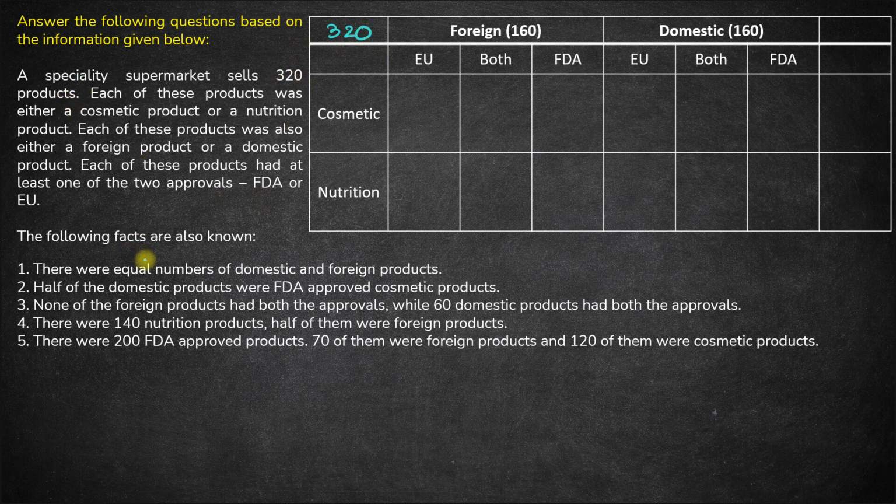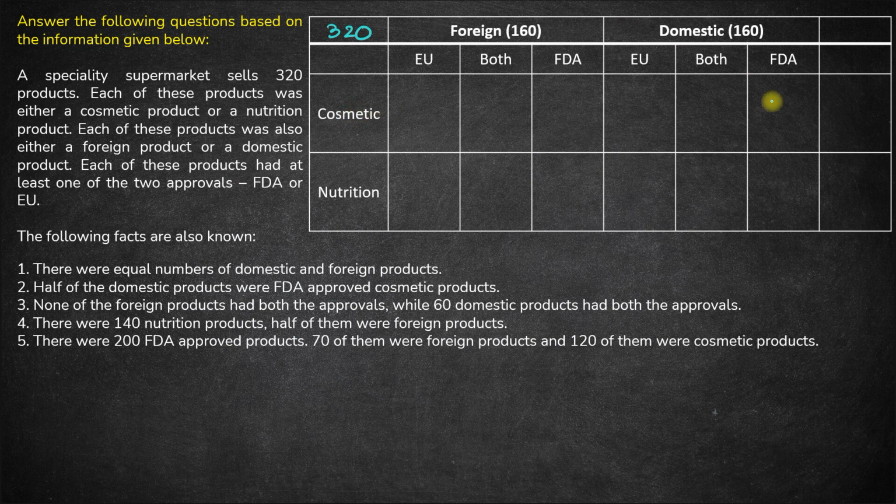Now it's given that there are an equal number of domestic and foreign products. So out of 320, half are domestic and half are foreign. Second point, half of the domestic products were FDA approved cosmetic products. So of the domestic products, which is 160, half of them, that means 80, were FDA approved cosmetic products.